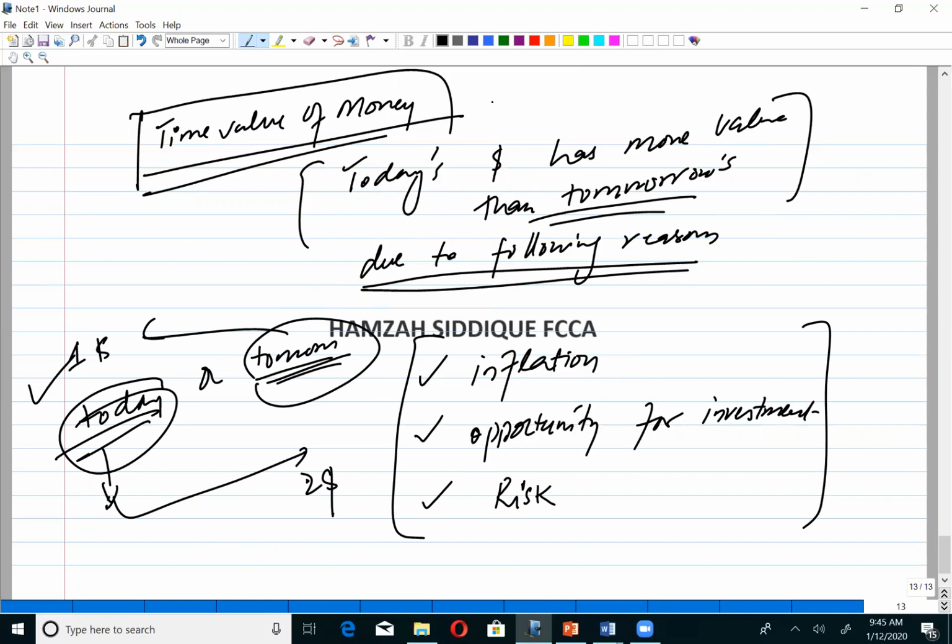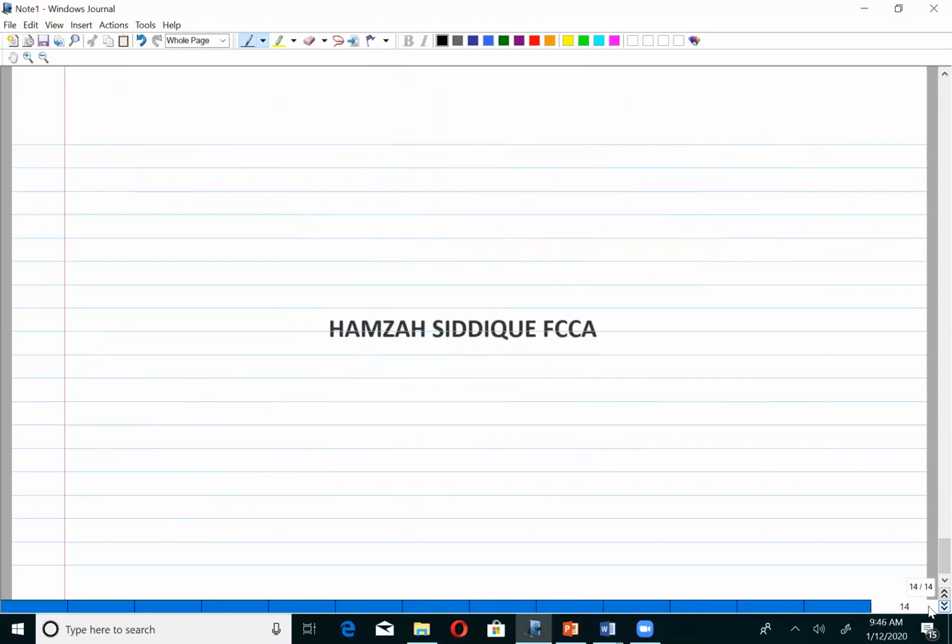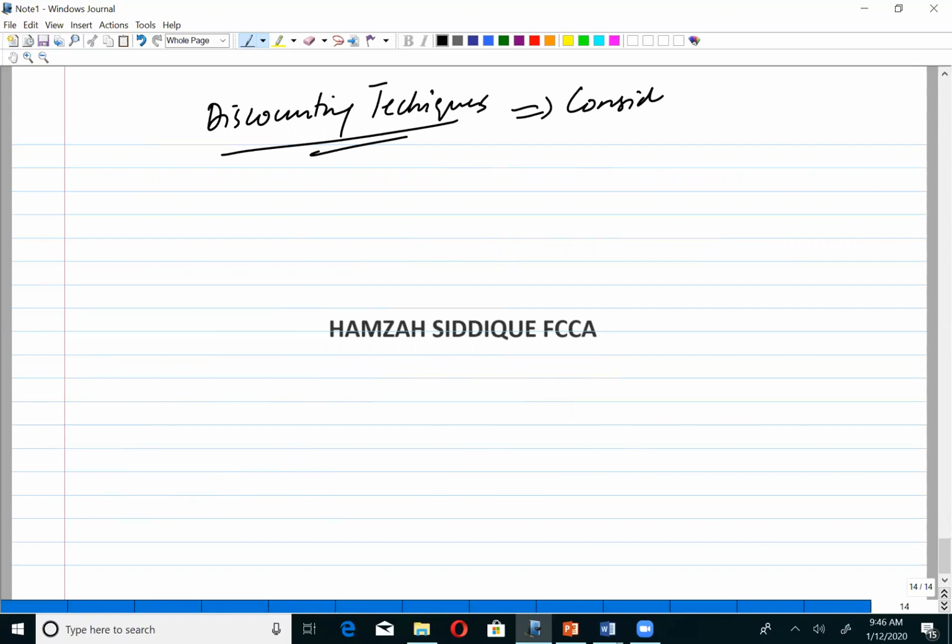Students, for the payback period and for ARR, we noted a drawback: they ignore the time value of money. So then came the discounting techniques, which actually consider the time value of money.